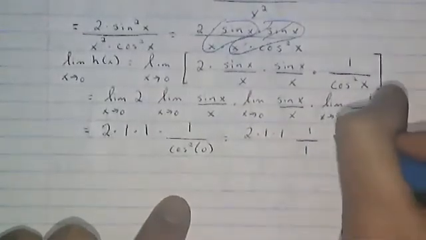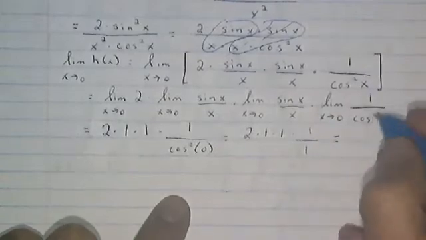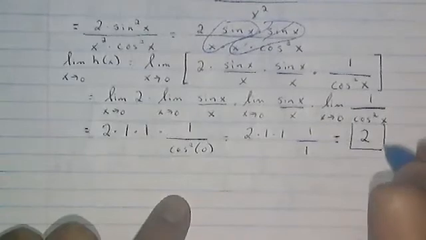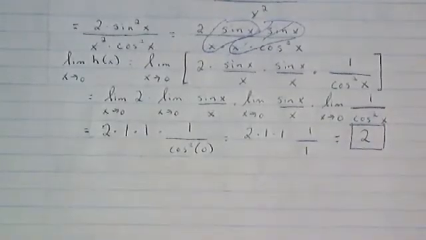That's a lot of 1s. This limit is just 2. That was some fancy math there. But not that fancy, it just requires you to know that the tangent function was the ratio of your sine and cosine.